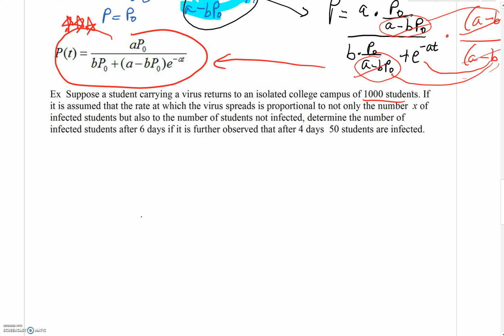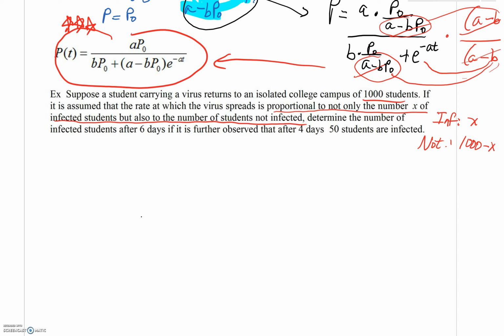It is assumed that the rate at which the virus spreads is proportional to not only the number X of infected students, but also to the number of students not infected. By the way, if the number of infected students is X, the number not infected is 1,000 minus X, wouldn't it? So we've got that proportional situation right there.